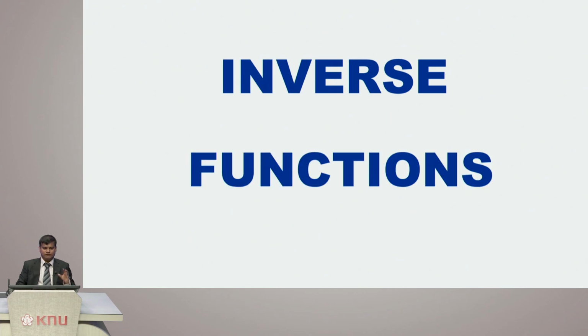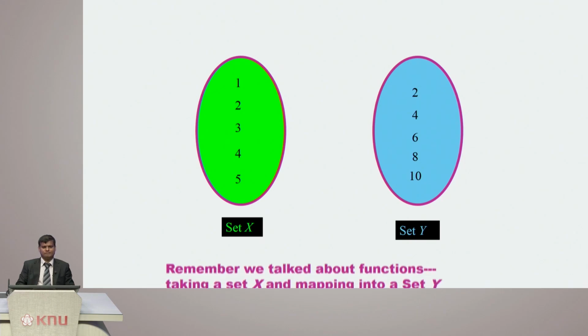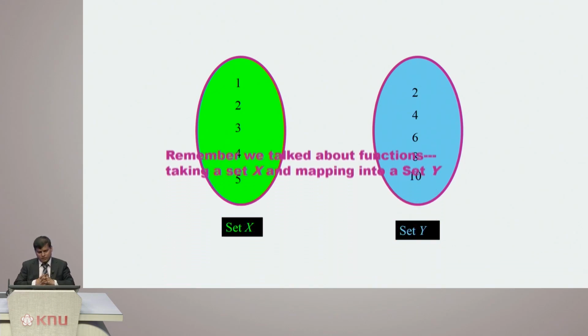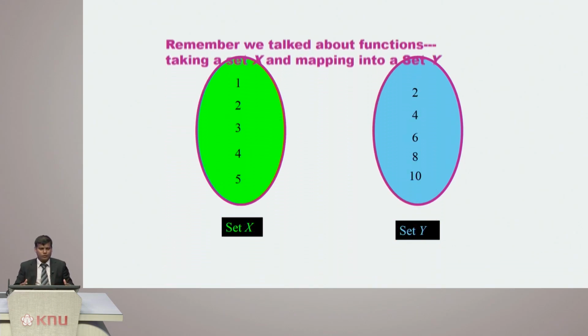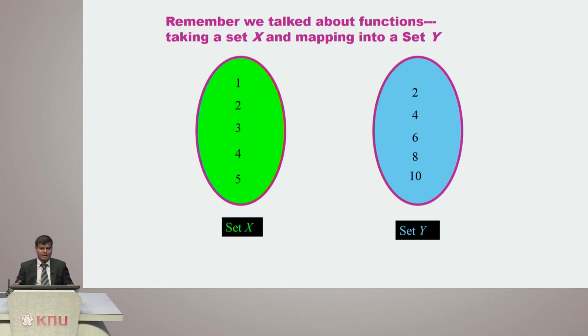Let's dive in to more on this inverse function. Remember we talked about the function. We had two sets, domain and codomain. So let's talk about this as set x and set y.